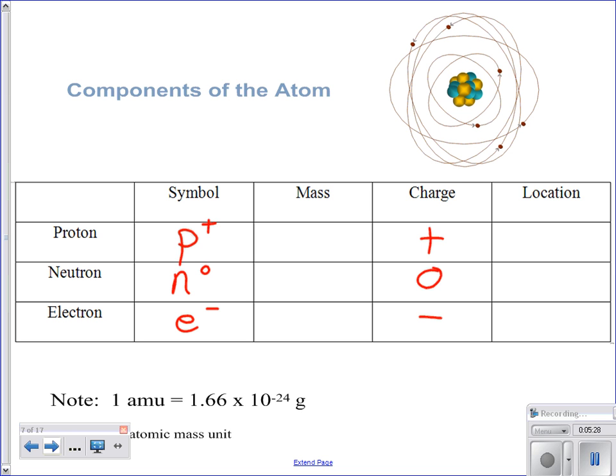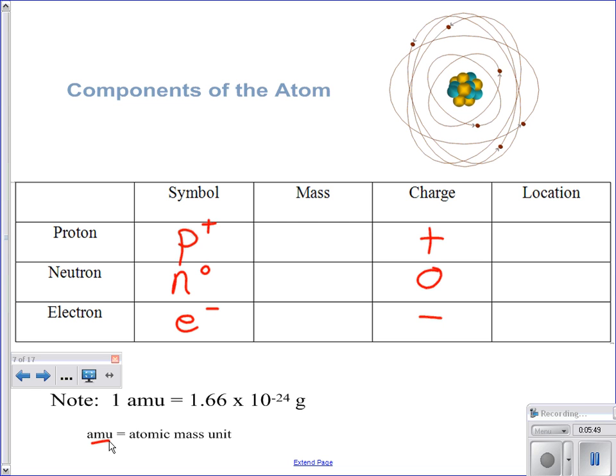So that's the first thing that we really need to make sure becomes really quick, easy knowledge for us, that we know that information. Now, if we want to think about the mass of these particles, remember we want to come up with some sort of relative mass, and that's what we're going to do here with something known as the atomic mass unit.